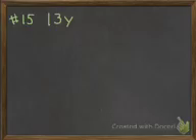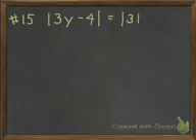Finally, number 15, we have an absolute value on both sides. Absolute value of 3y minus 4 is equal to the absolute value of 31 minus 4y.